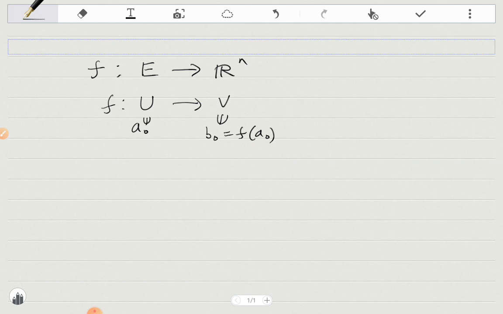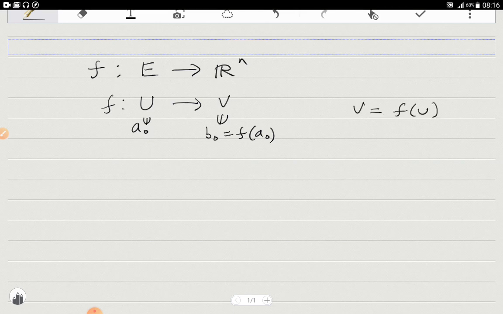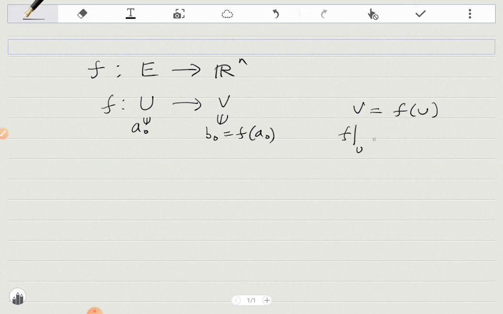A naught is in U and its image is in V, and U and V are open. V equals f of U, and f restricted to U is 1 to 1. This was what we had proved so far.